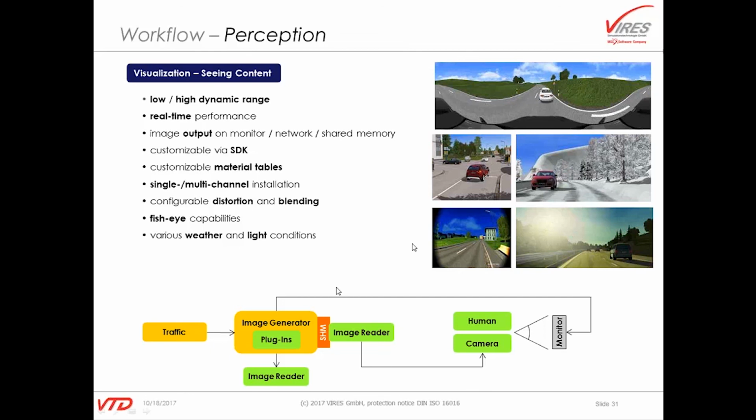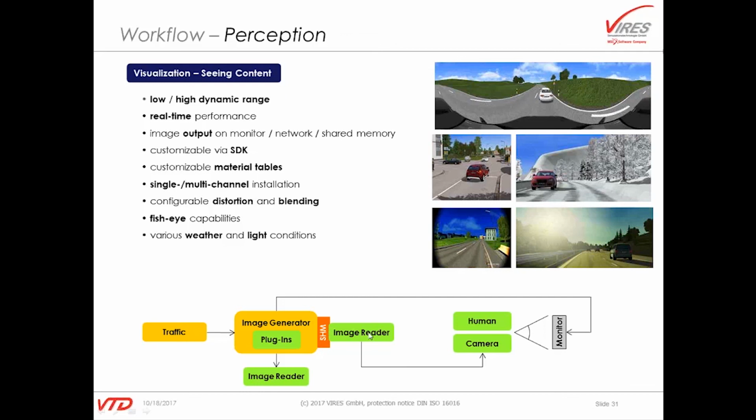We can provide the images from the image generator either in the classic way by putting them on a monitor and looking at them as a human or using a camera, or, which is more sophisticated, especially if you look into hardware-in-the-loop test benches, we will provide you the images directly from the shared memory of our image generator.